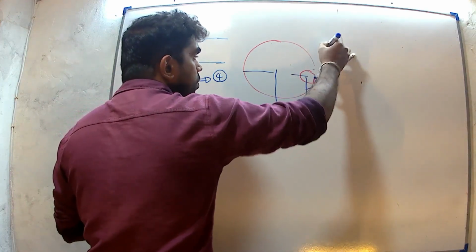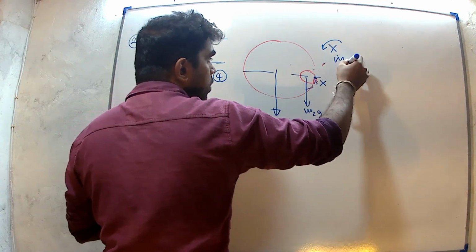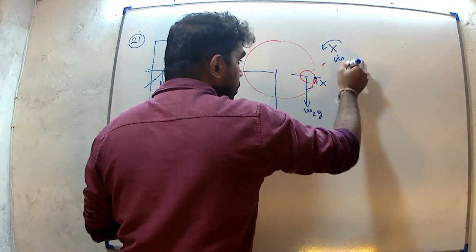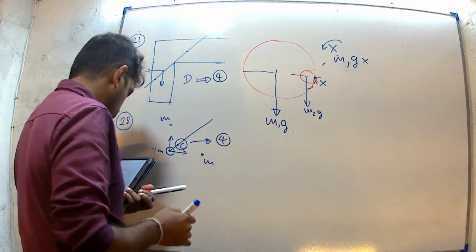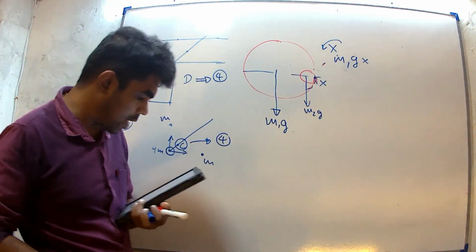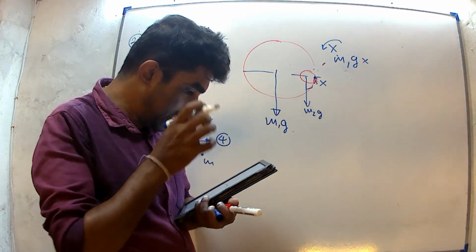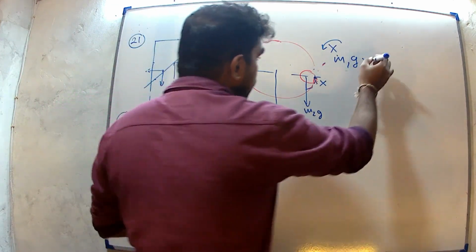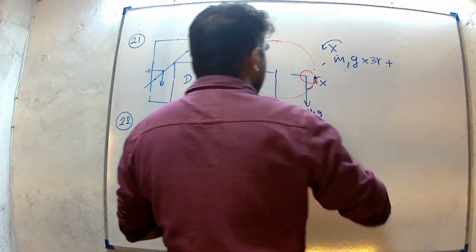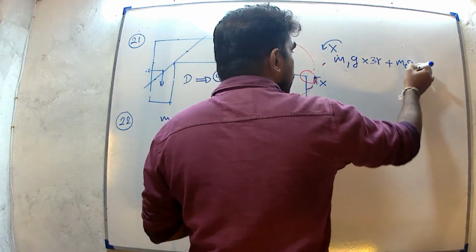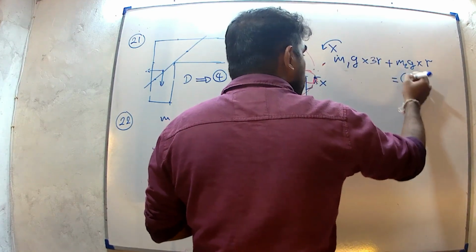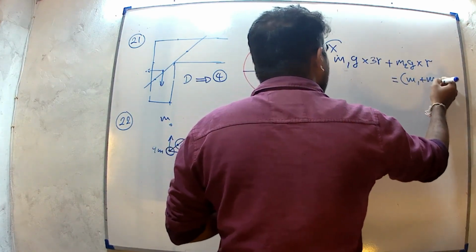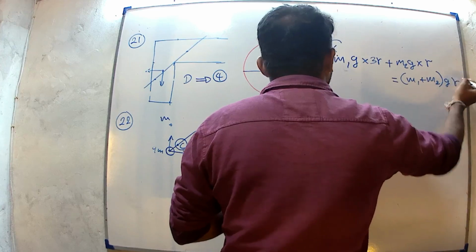Then M1G into the perpendicular distance from point X, which is 3R for the large ring. Thus, M2G into R for the small ring should be equal to the resultant force (M1 plus M2)G into the distance.